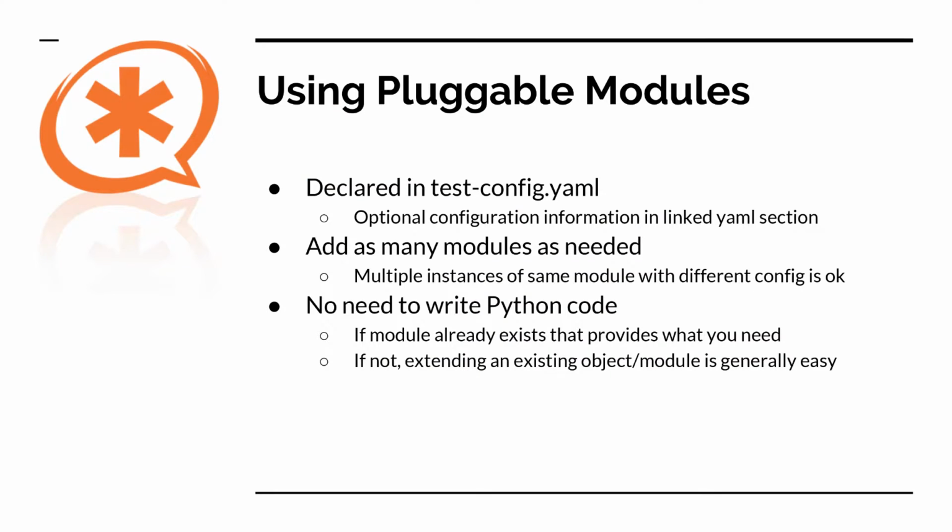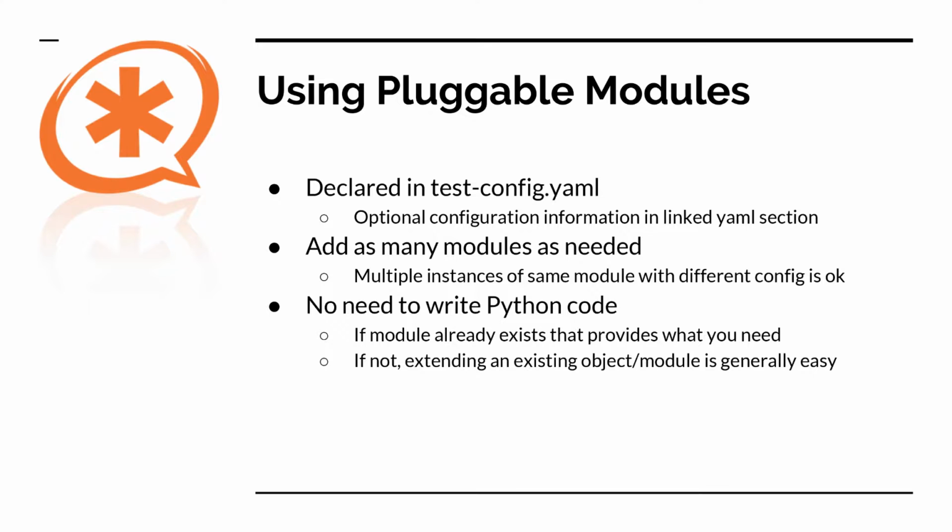Yay. So I mean, that's the huge power of pluggable modules, is that we're able to actually add additional functionality to existing tests just by having some additional code loaded. So pluggable modules are also declared in the same test config YAML that you would put the test object in. You can add as many pluggable modules together at the same time as you need.